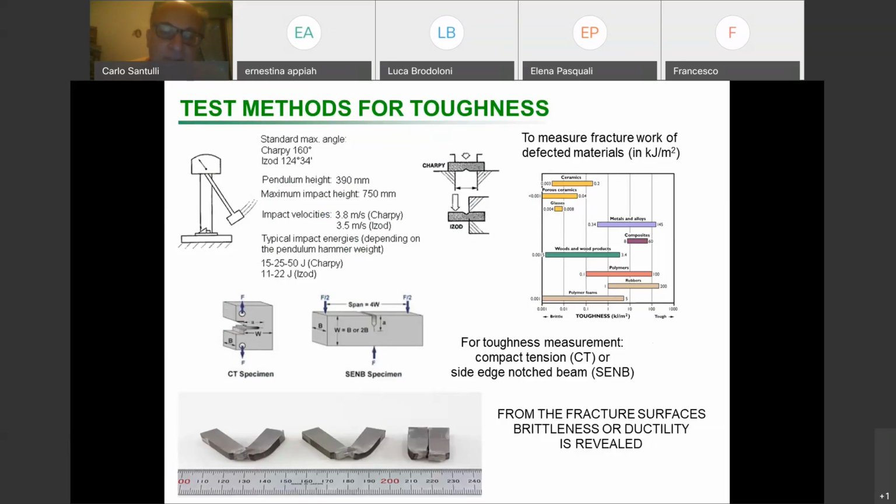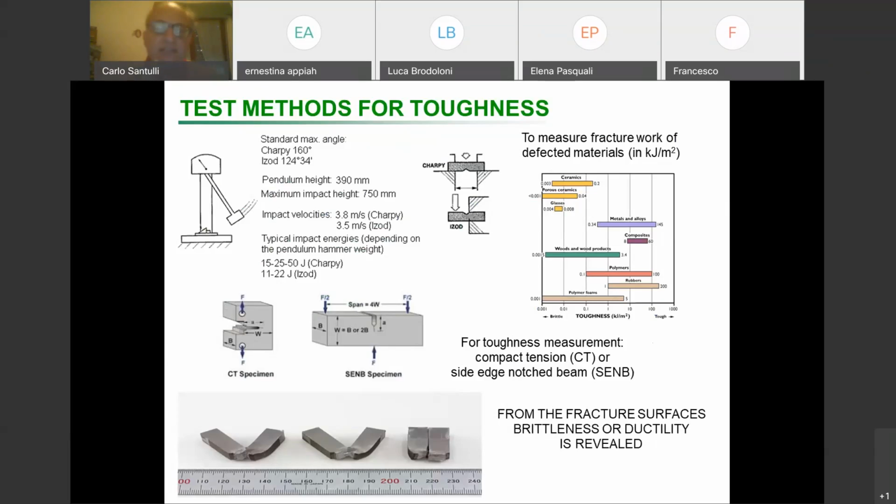You have this kind of span and you apply the force as in a bending test. This depends on the kind of material you want to investigate. In some cases, it is sufficient to have the compact tension test. In other cases, you are more interested in this kind of flexural progression.